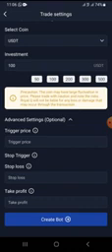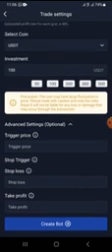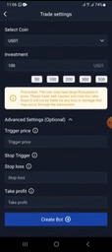Trigger price is the price at which you want to command the robot to start buying. It's like the limit market price setting of where you want the robot to start buying from. Then the stop trigger, or stop loss, means if an asset goes beyond a certain price, let the robot sell off all my assets.